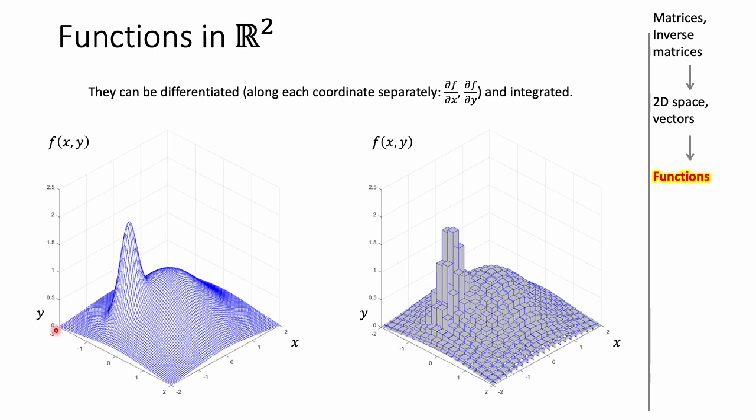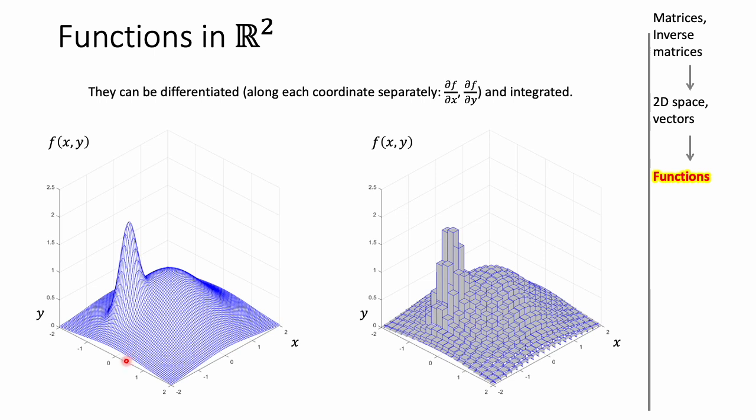So here is the coordinate plane, x and y, with two coordinates. To every point on that plane, we define a certain number, a value in a real number space, which we will call f of x and y.